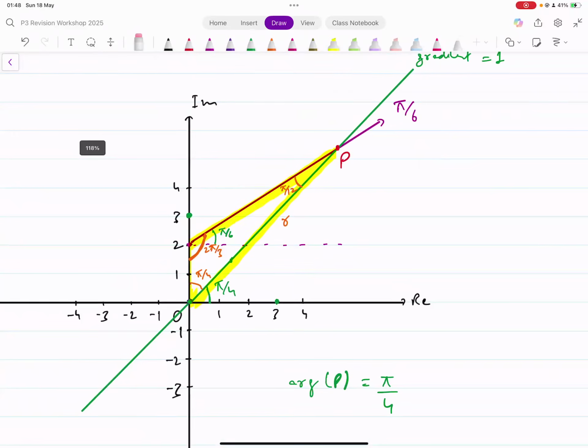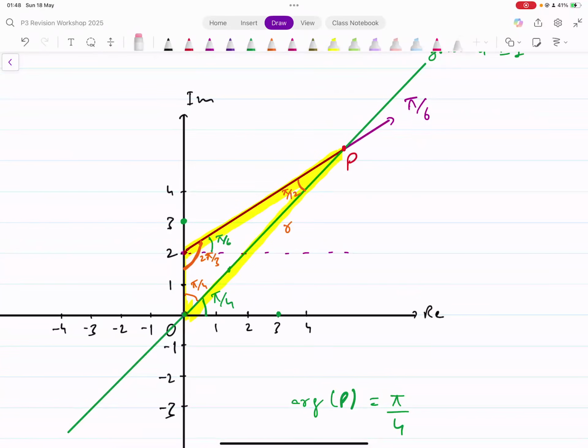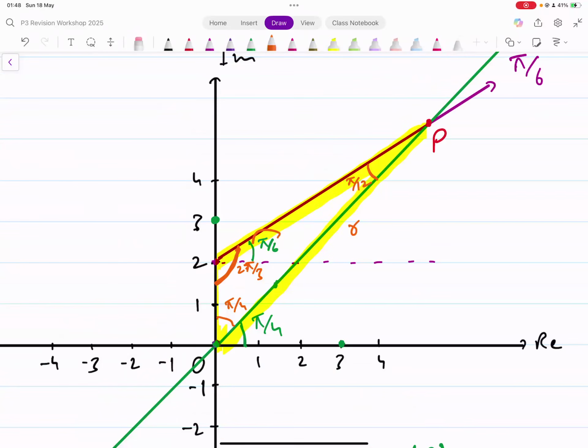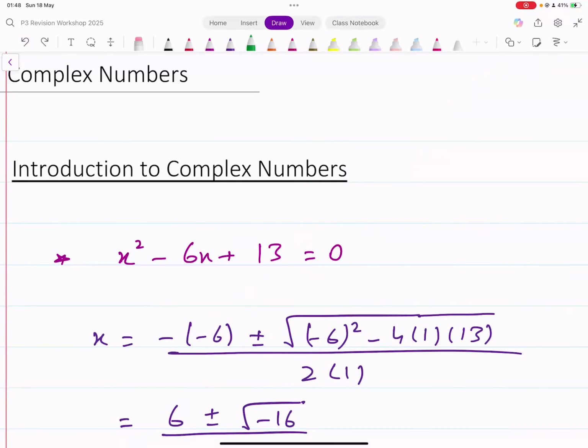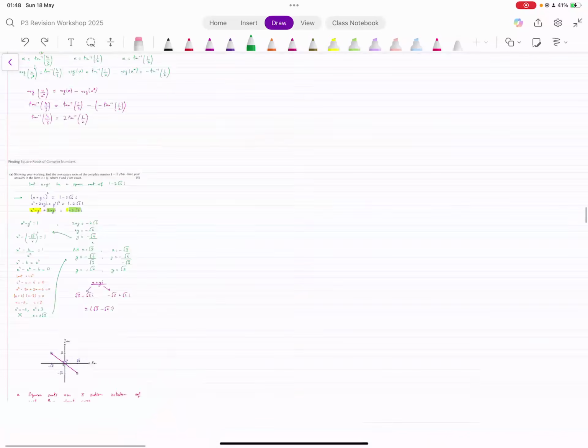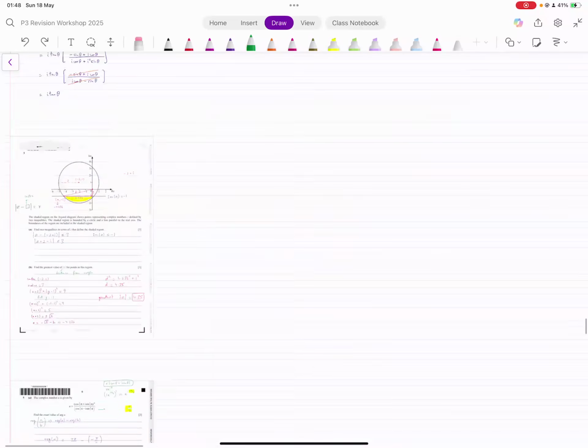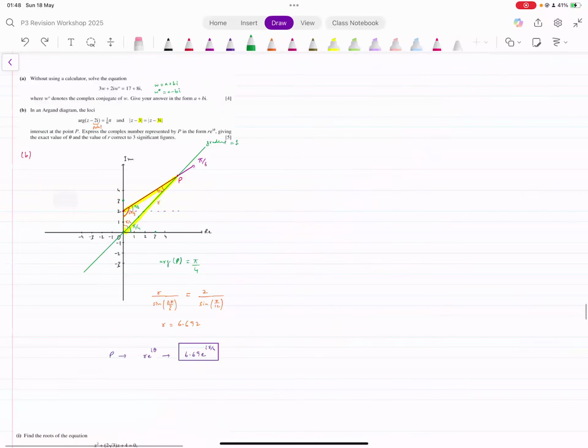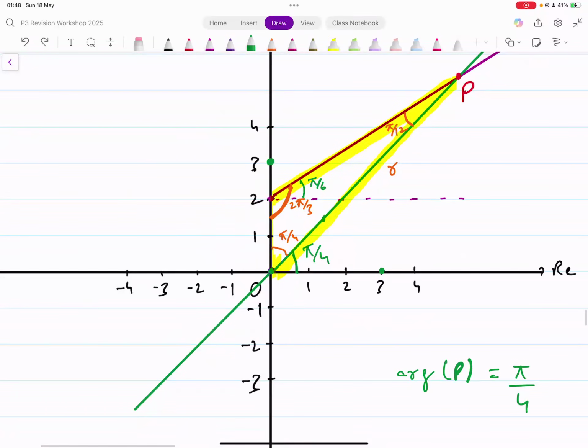How do you find the distance OP? You could think of the angles like this. If this is pi over 6, this is 90 degrees, or pi over 2. Pi over 2 plus pi over 6, that total angle becomes 2 pi over 3.